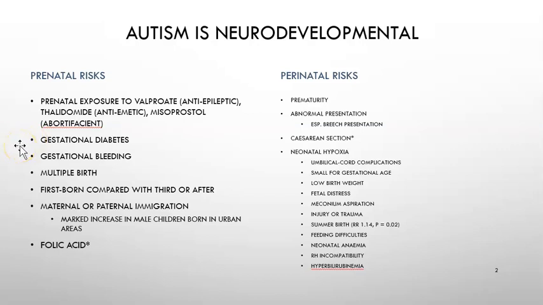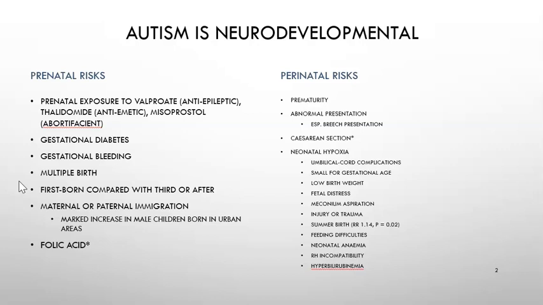Also, if the mother experiences gestational diabetes or gestational bleeding, being part of a multiple birth, so twins, triplets, etc., increase the risk of one or multiple of those children having autism.